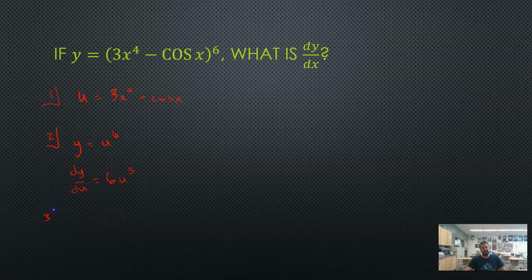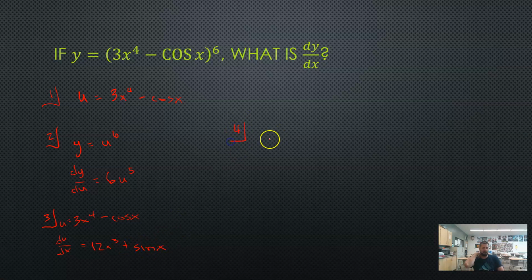Step number 3 is we take the derivative of what we let u equal. I've got 3x to the 4th minus cosine of x as my u. So I take the derivative of that, and I get du dx equal to 12x to the 3rd plus, remember the derivative of cosine is negative sine, so 12x to the 3rd plus the sine of x.